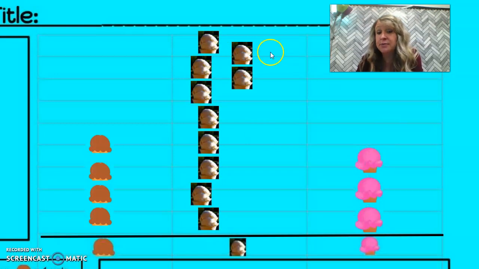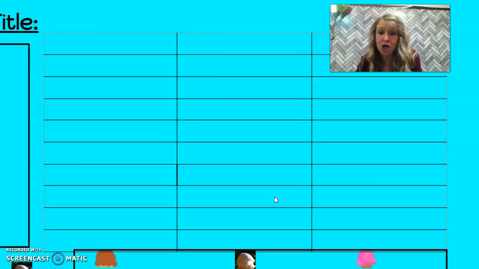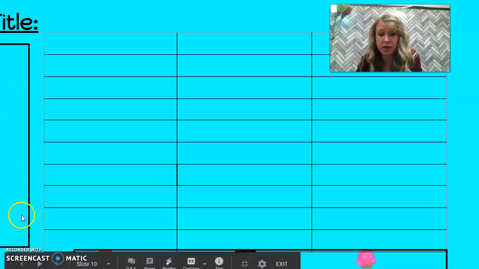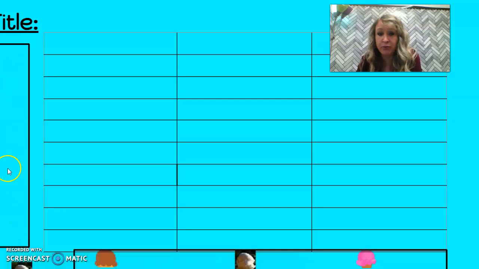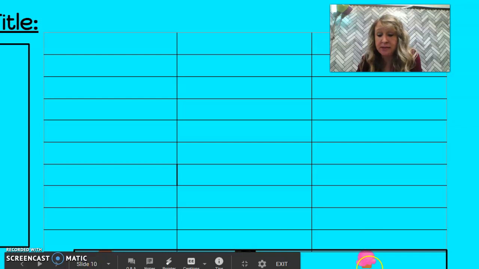Today, you're going to use the picture graph to help you make a bar type graph. You still need to write the title at the top. What is this a graph of? You still need to write the labels. What did we do with this ice cream? And then at the bottom, the labels are there for the strawberry ice cream, the vanilla ice cream, and the chocolate ice cream.